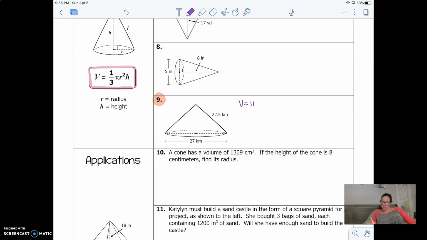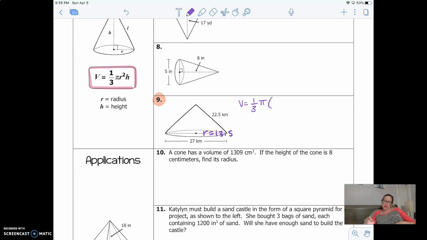So volume is 1/3 pi times the radius squared, right? Well, we are not given the radius, we are given the diameter. So you want to make sure that you are finding the radius by dividing that by 2.